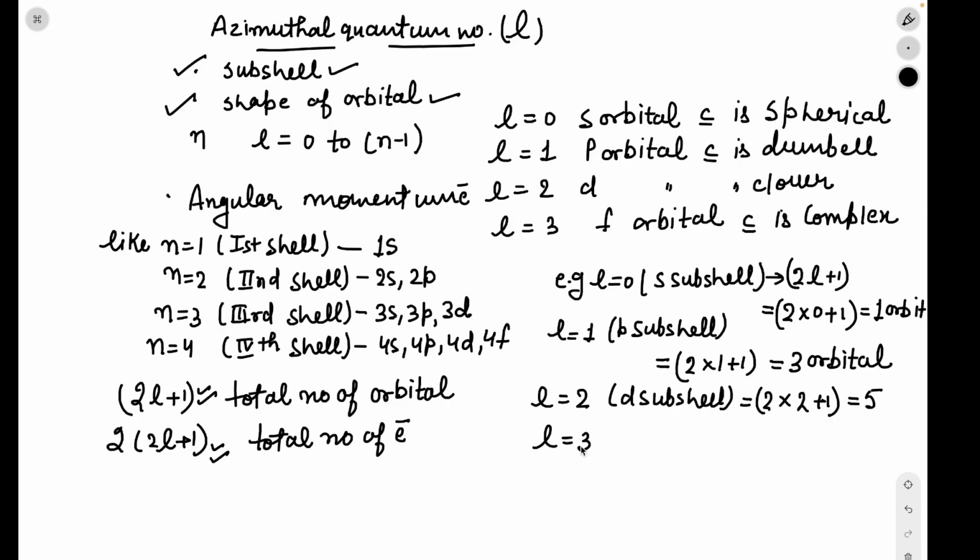And for L equal to 3, that is for F subshell, the total number of orbitals will be 2 into 3 plus 1, that is 7 orbitals.